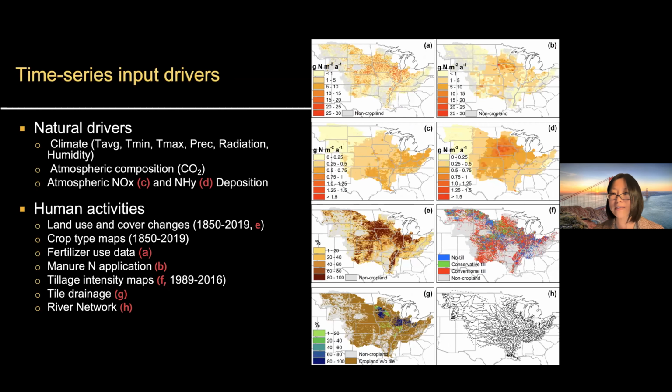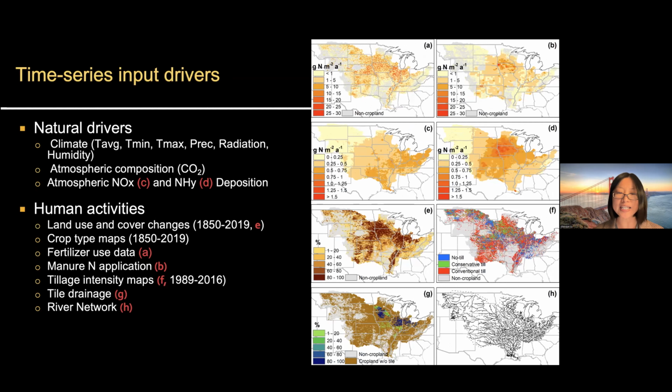And here I will give you a quick demonstration of our input drivers. So what do we need to feed into the model? Simply put, we need to tell the model what has happened on the land surface.